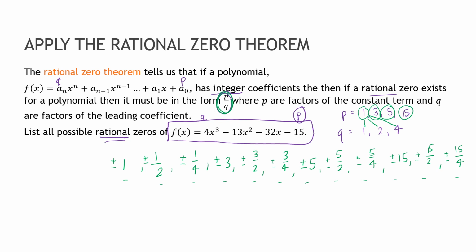So again, good news because it's not an infinite number of possibilities, but bad news is 24 possibilities kind of sucks a little bit, because that means I might be using the remainder theorem 24 times, probably not that many, but several times to come up with one where I actually get a remainder of 0 and I can do the factorization. So on the next one, we're actually going to do the factorization and use the rational zero theorem to help us to determine what we should use.